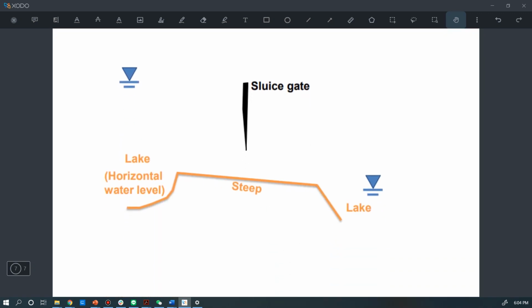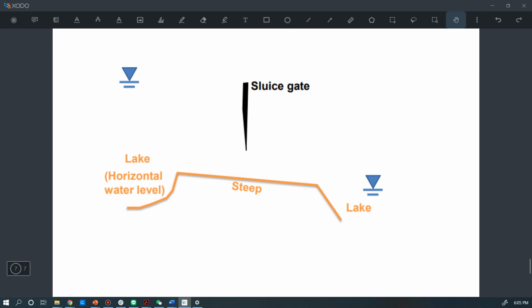Now let's look at the last question we have for this recitation, for this homework. We have a sluice gate that looks like this, and we have the horizontal water level for the upstream lake. We have another lake at the downstream.